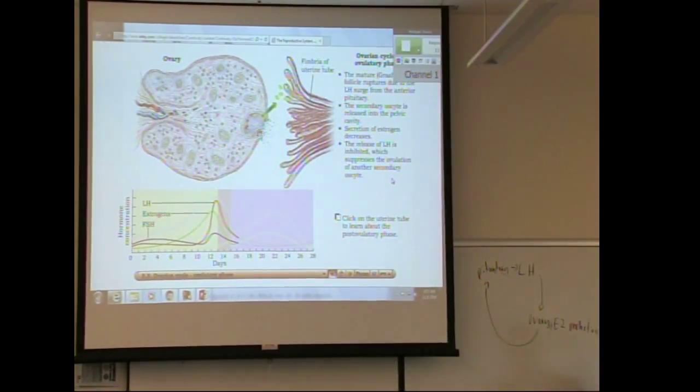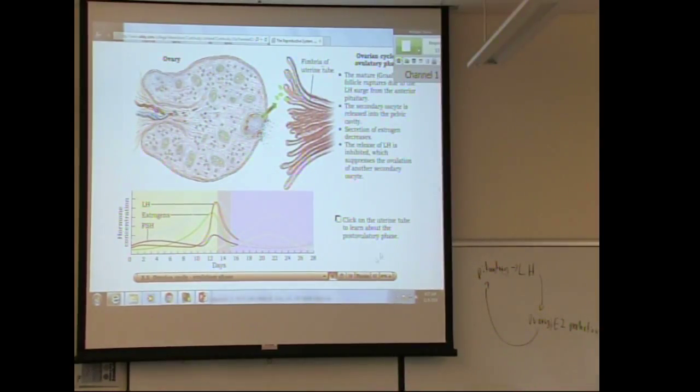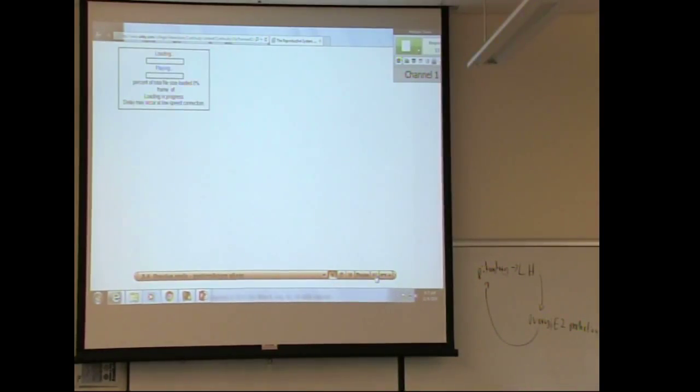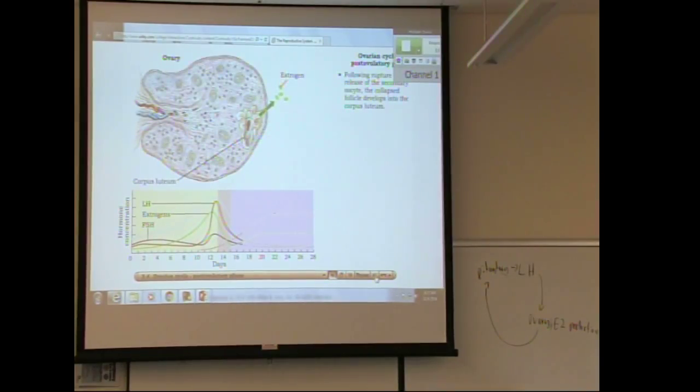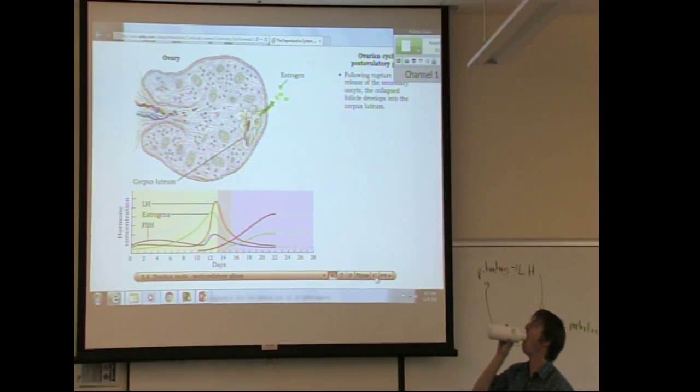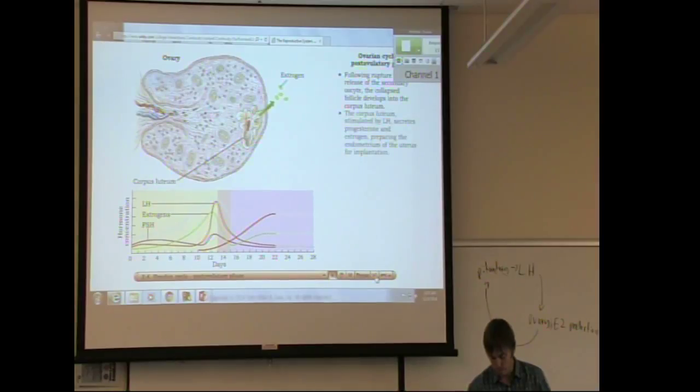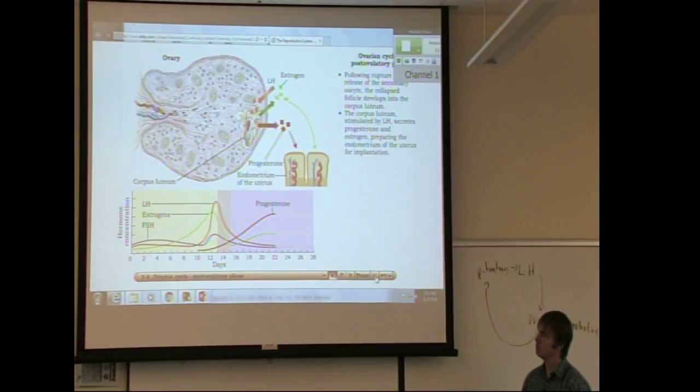Right. And what happens in the post-ovulatory phase? After ovulation and the release of the secondary oocyte, the ruptured follicle collapses and becomes a corpus luteum. Stimulated by luteinizing hormone, the corpus luteum secretes progesterone and estrogen.